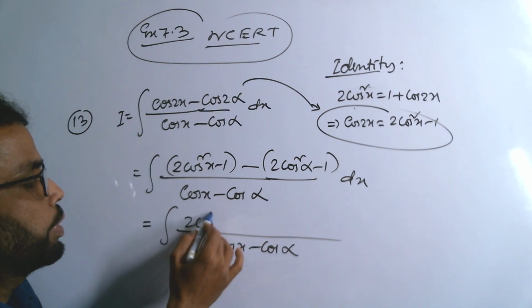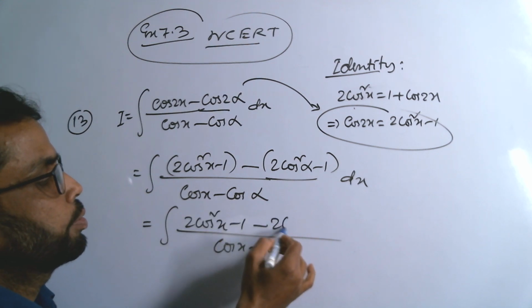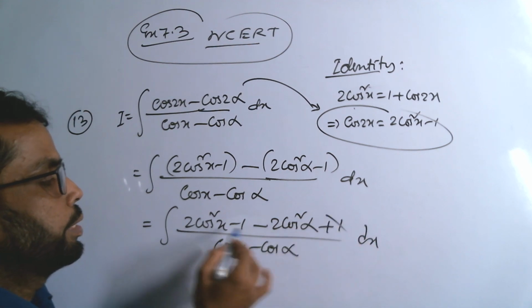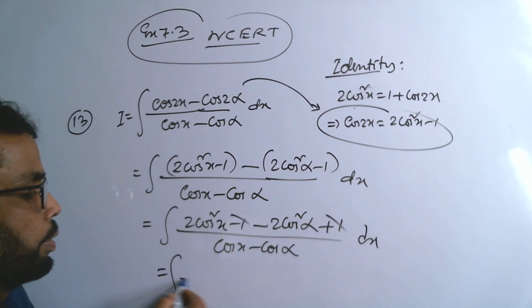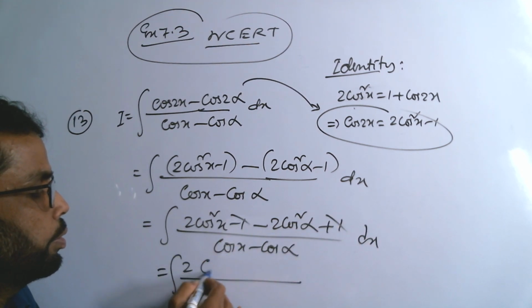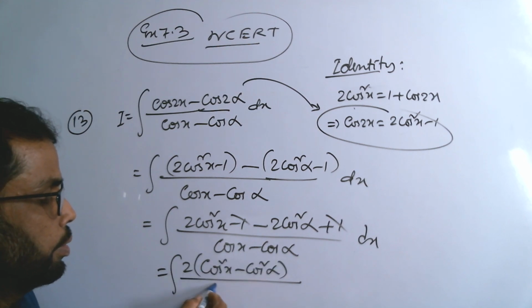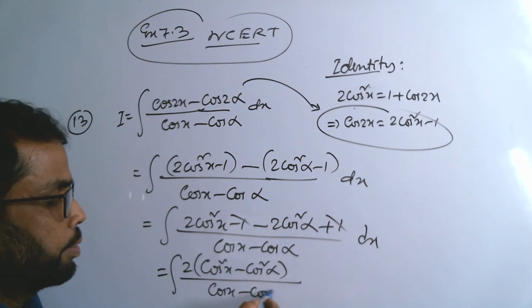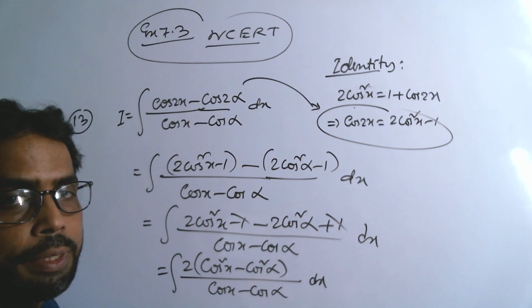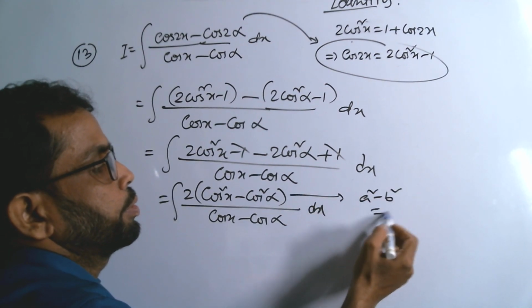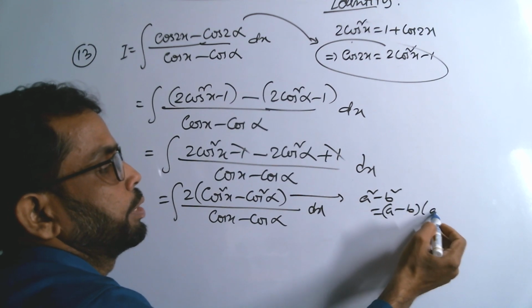Two cos square x minus 1 minus 2 cos square alpha plus 1, and then this is getting cancelled. In the numerator take 2 common: cos square x minus cos square alpha by cos x minus cos alpha dx. Now in the numerator we can use a square minus b square, that is a minus b into a plus b.